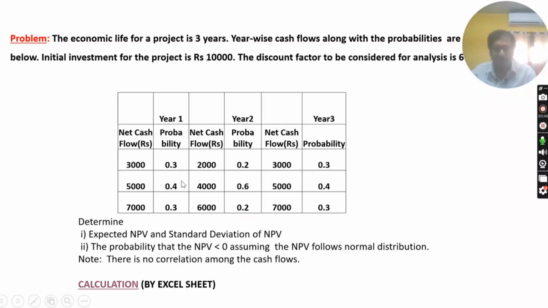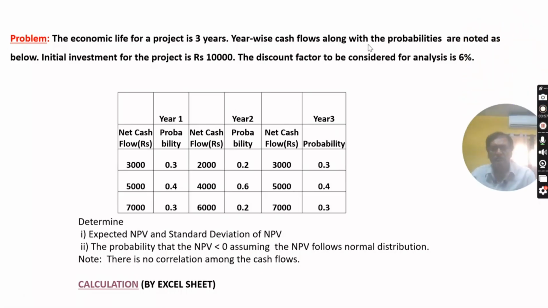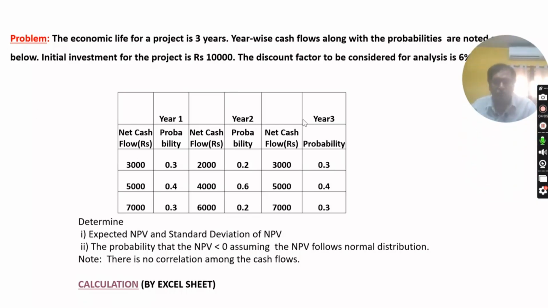This is the Hiller model for selection of a project. The economic life of a project is 3 years. Here we are considering the life of the project as 3 years. Year-wise cash flows with probabilities are noted as below. This is the cash flows data. This is year 1, year 2, year 3, and this is the cash flows for year 1.